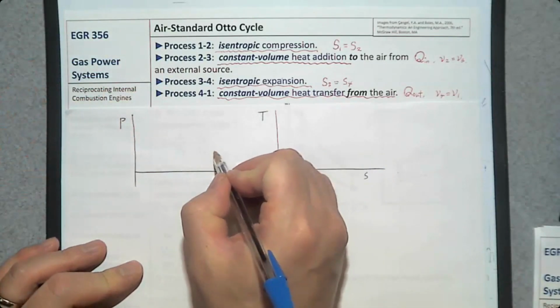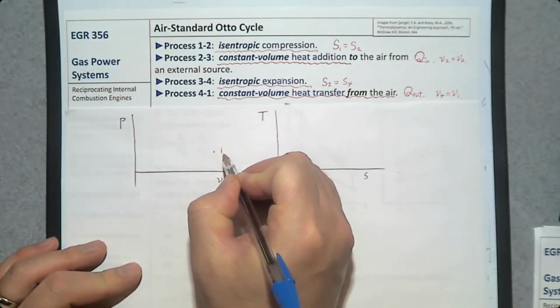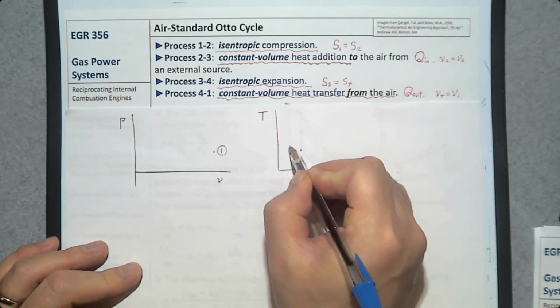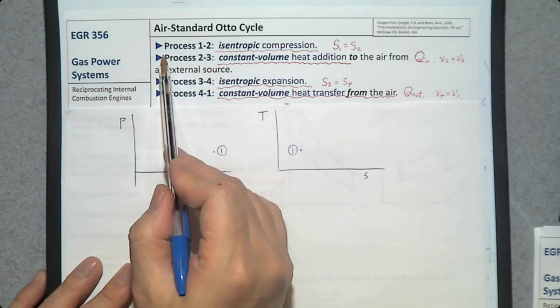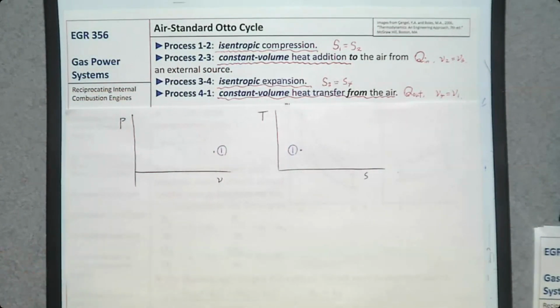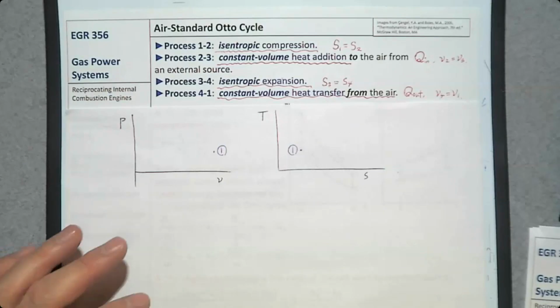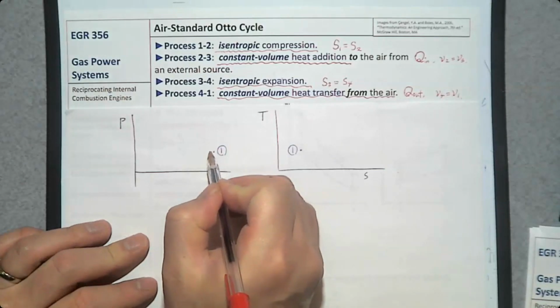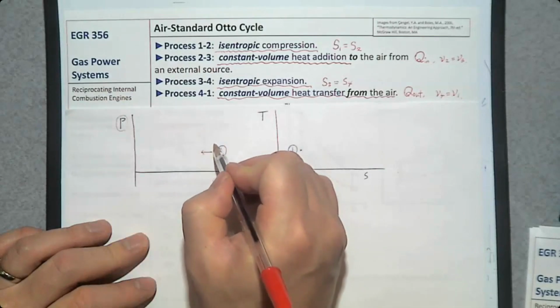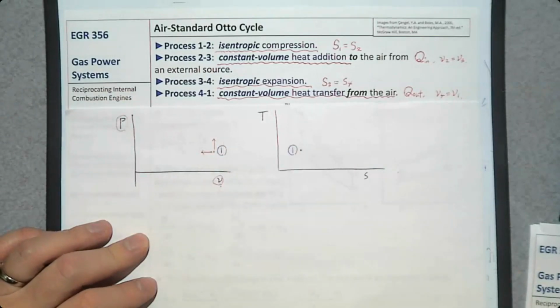Let's start from number 1 here, and number 1 here. The first process is isentropic compression. So this is a compression process. Therefore, volume is going to decrease and pressure is going to increase. So this way.